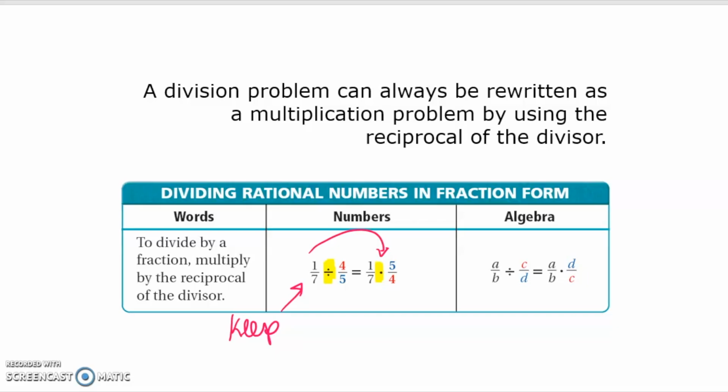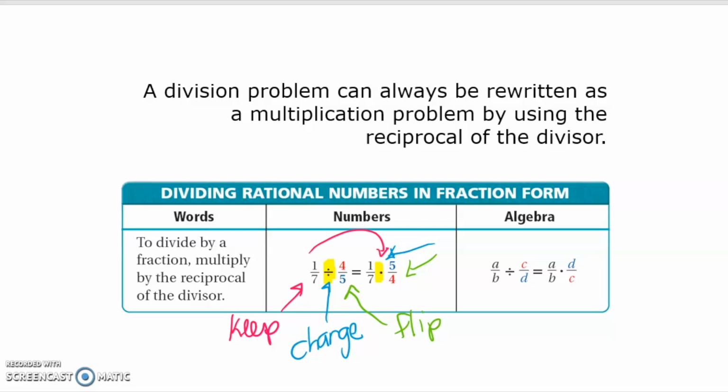We change the division sign, or we change the operation from division into multiplication, and then we flip. So we flip the second fraction and take its reciprocal. So keep, change, flip.